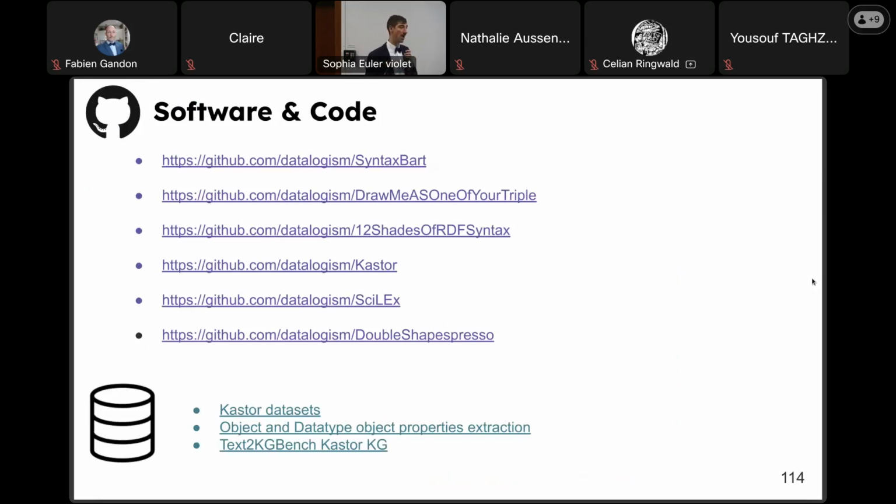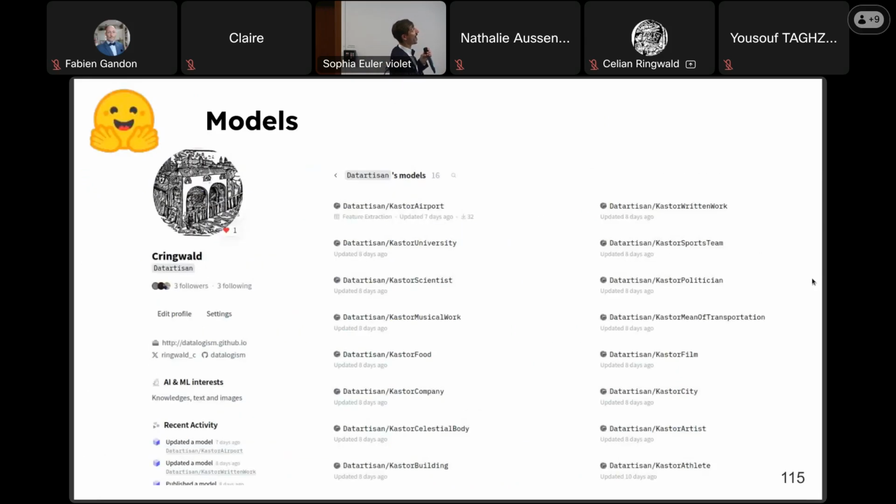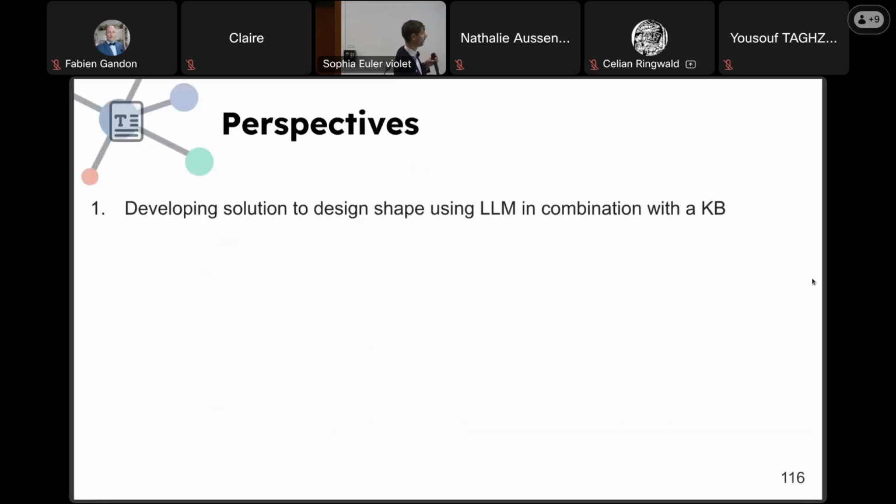All our work led to the open publication of all our software, all our data sets, and the different models that I just told you about, the 19 related to the Text2KGBench, which are already available on Hugging Face. And that's now the moment to draw some perspectives that emerge from this PhD.